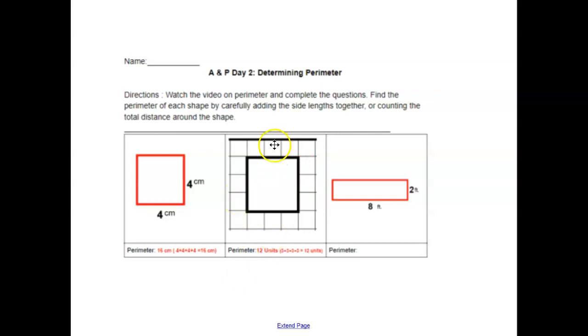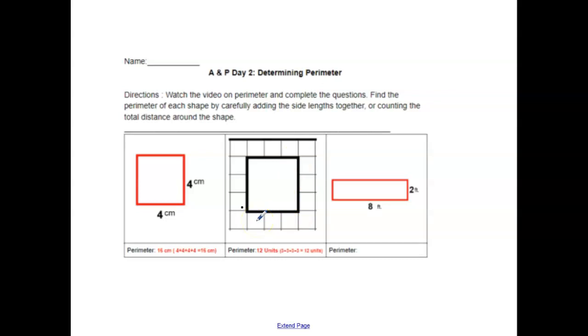So I would just carefully add 3 plus 3 plus 3 plus 3, which I know is 12 units. And I can check by very carefully counting. So I'm going to put a dot right at the side length where I started. So 1, 2, 3, 4, 5, 6, 7, 8, 9, 10, 11, 12.